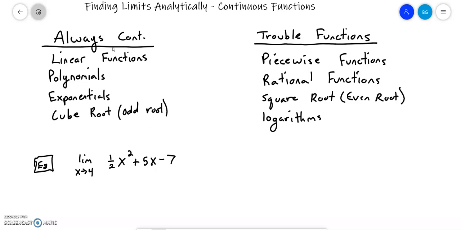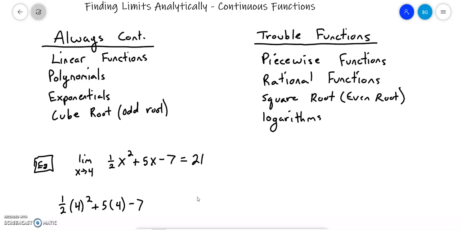And it's not. I mean, it's a polynomial. So I'm pretty certain that I can just plug this in, and so let's try it. Maybe over here I'll just do some scratch work. 1/2 of 4 squared plus 5 times 4 minus 7. Well, 4 squared is 16. Half of that is 8. That'd be 8 plus 20, minus 7, so it's looking like this limit is 21.